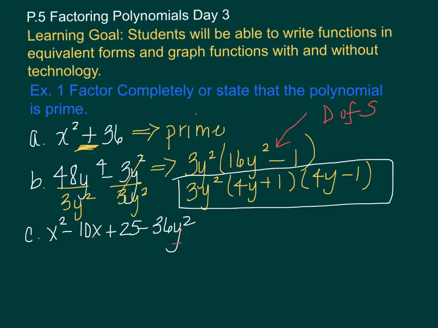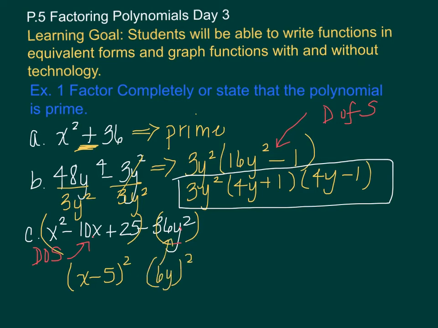I don't know if you notice, but this is difference of squares. Because this first part is actually x minus 5 squared. And this is 6y squared. So when I rewrite it, I'm going to get x minus 5 plus 6y.